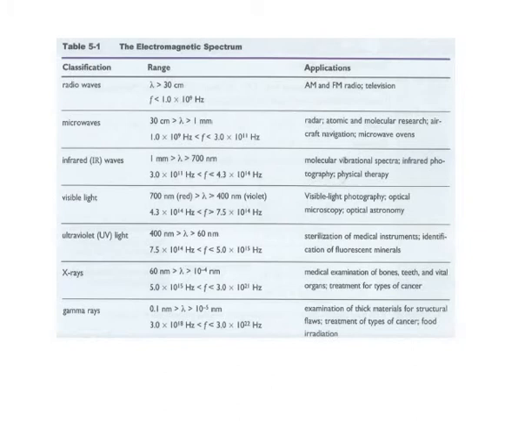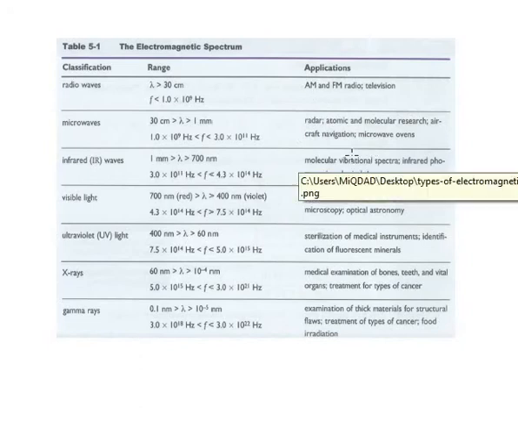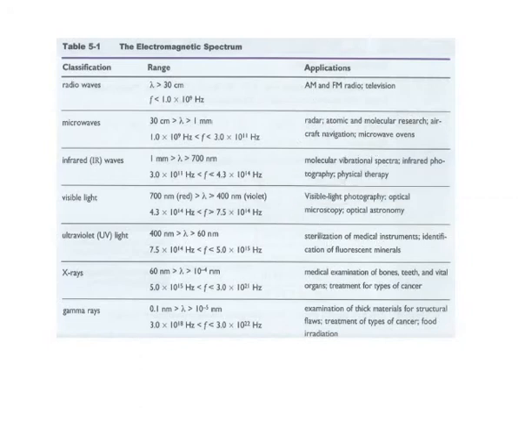The numbers in here are not very important, it's just for knowing, but you have to know one of the applications of each wave, and you have to know the names of the waves in order, so you cannot change their places.